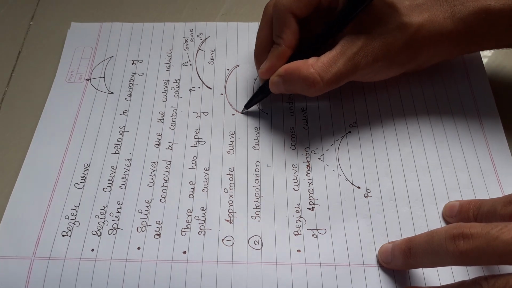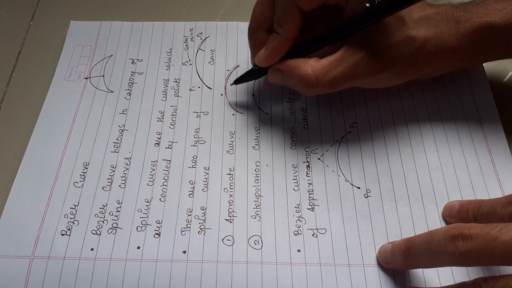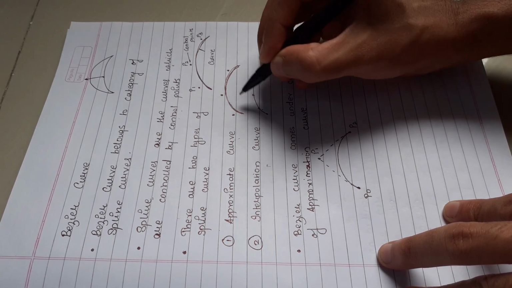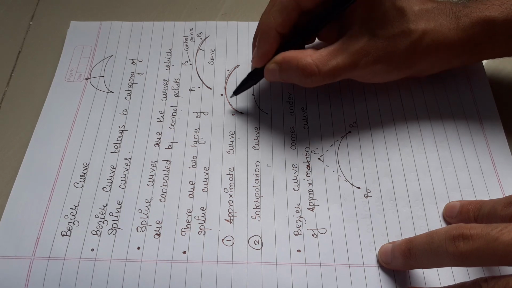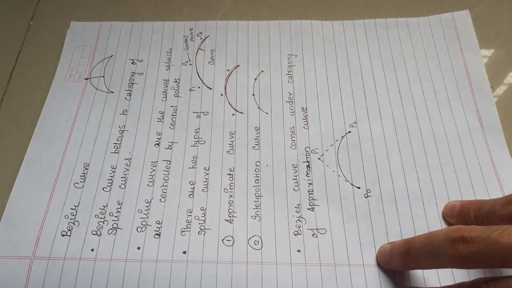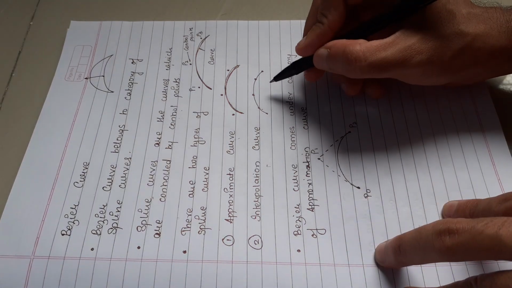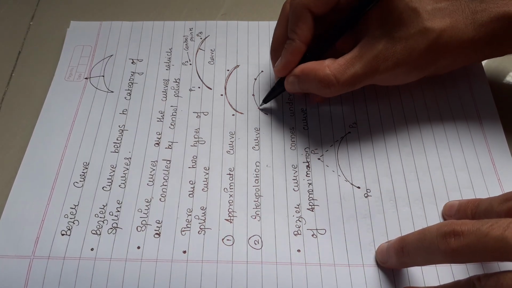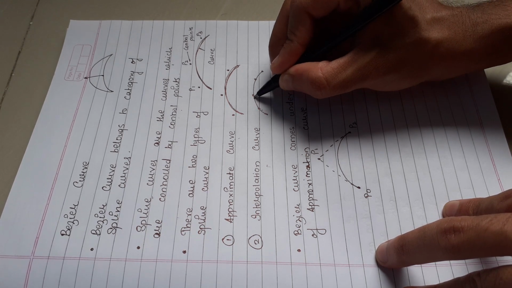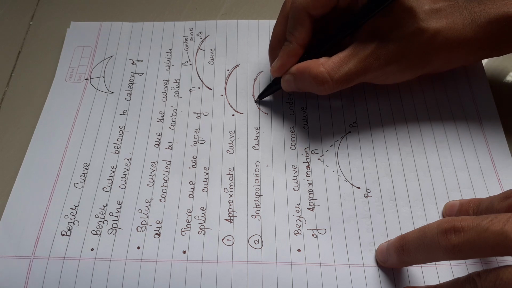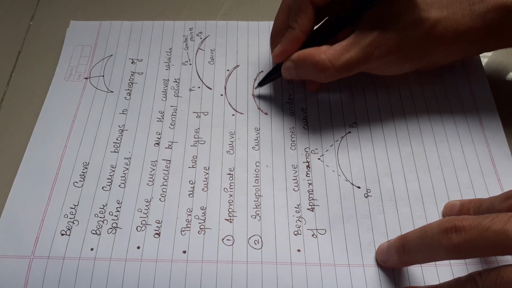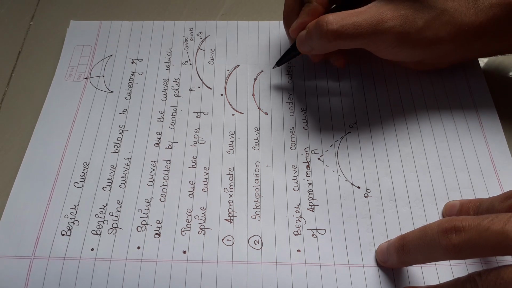As you can see, this is the curve, but the control points are at a particular distance from that curve. Now talking about the interpolation curve. As you can see in the diagram, the control points are on that particular curve itself, so they are not at a distance, they are on that particular curve.